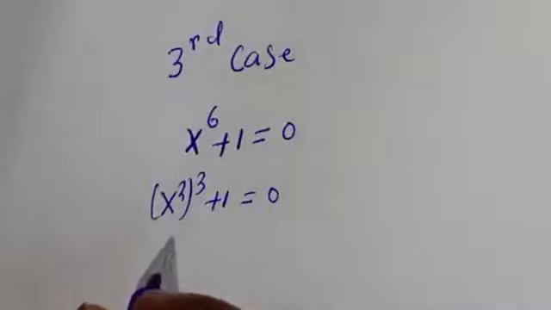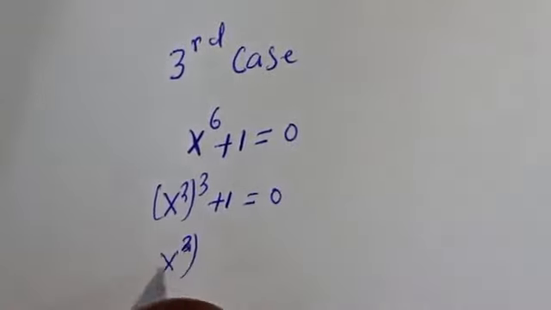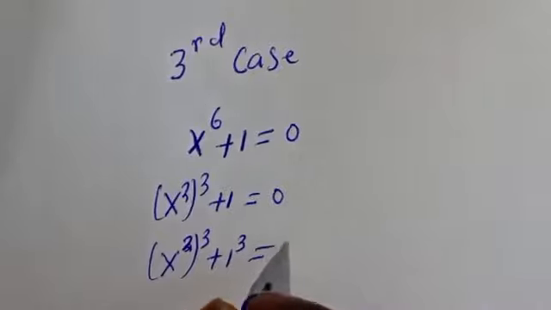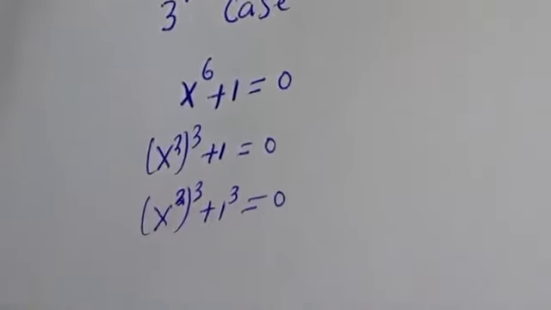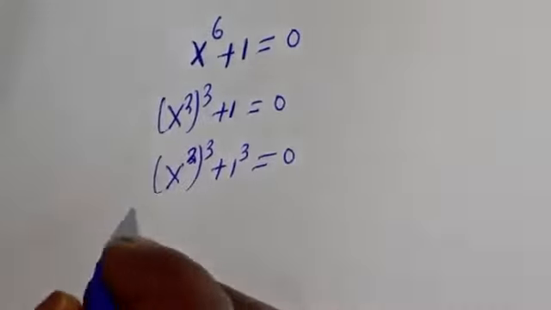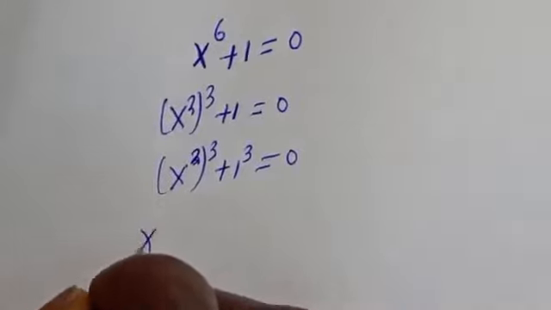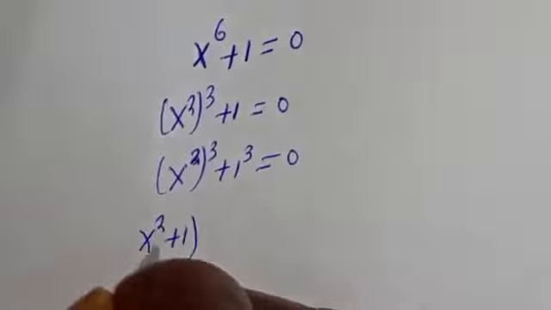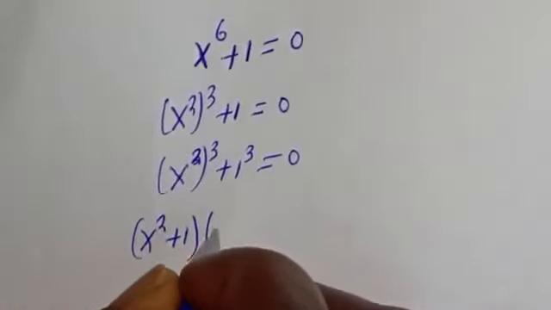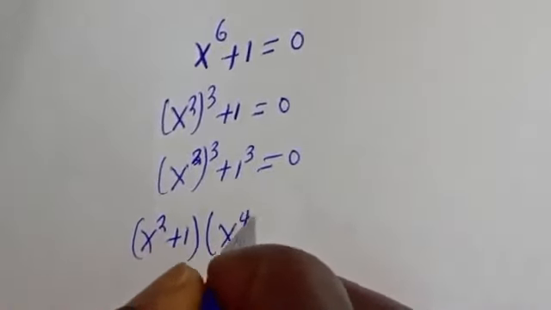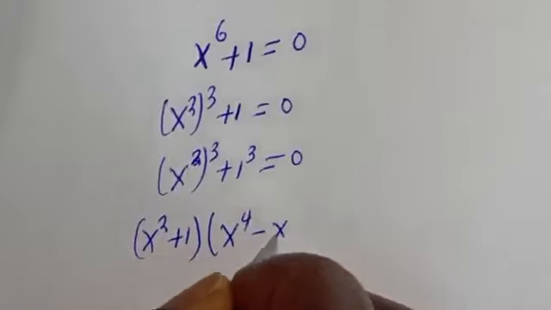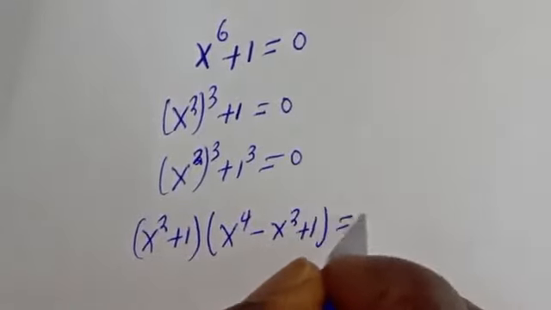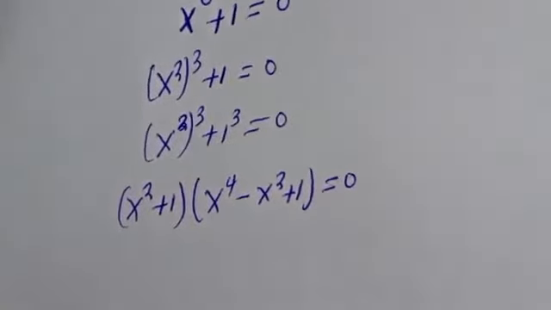So this can be written as s squared to the power of 3 plus 1 raised to power 3 is equal to 0. Then this is s squared plus 1 bracket s raised to power 4 minus s squared plus 1 is equal to 0.